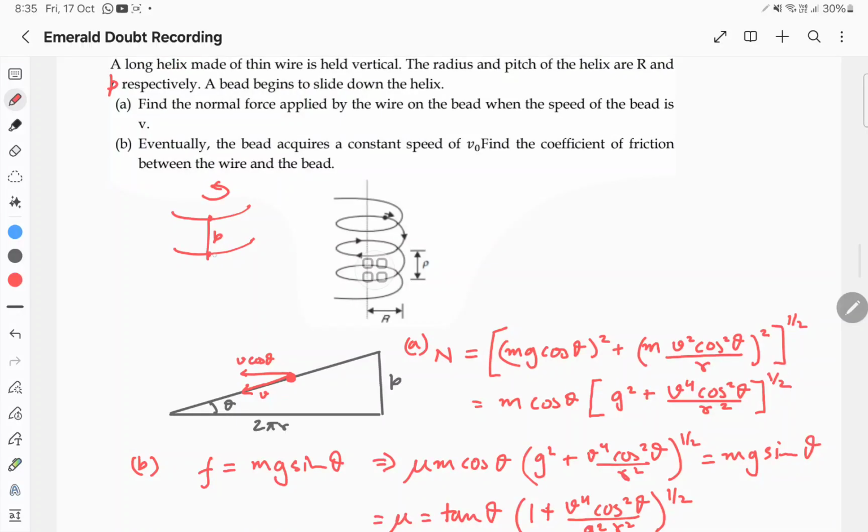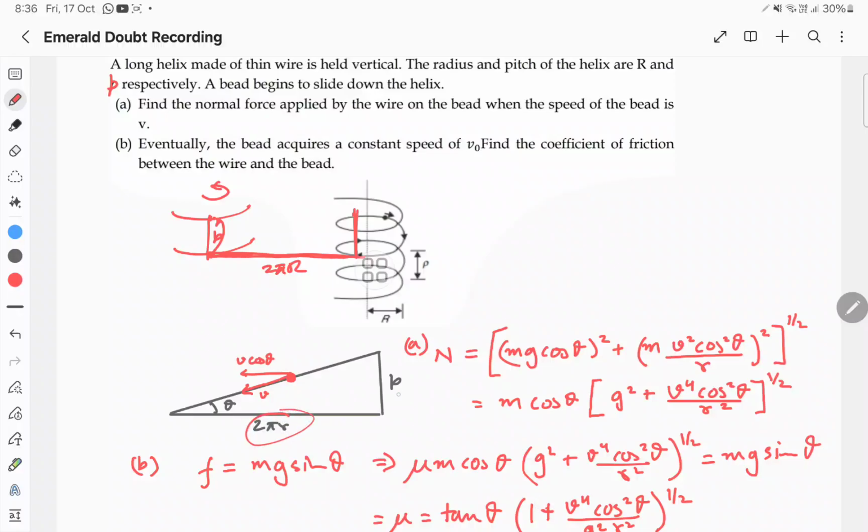You turn it around 360 degrees, turn it once, and you will see that this part has gone over there. So when you are turning 360 degrees, this is the length you are turning, and 2 pi r is the horizontal length you see when you turn, and it has gone up by p.